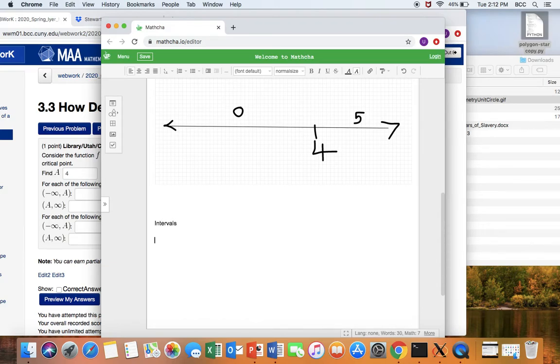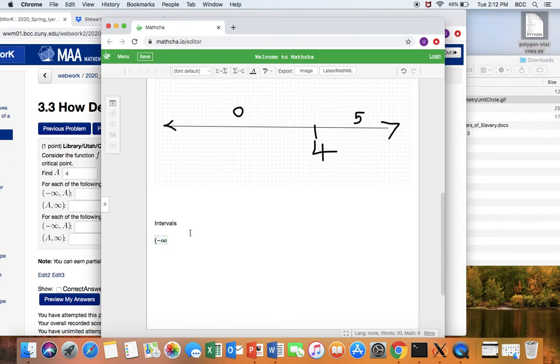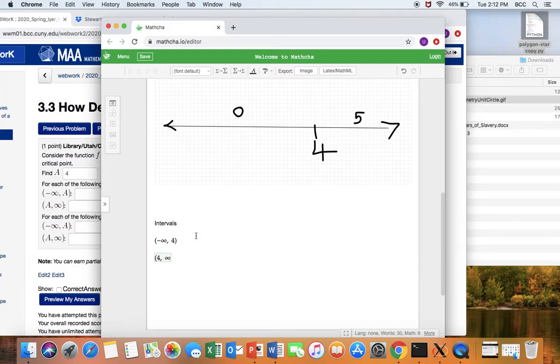The intervals I have are negative infinity to 4, and the other interval is 4 to infinity.